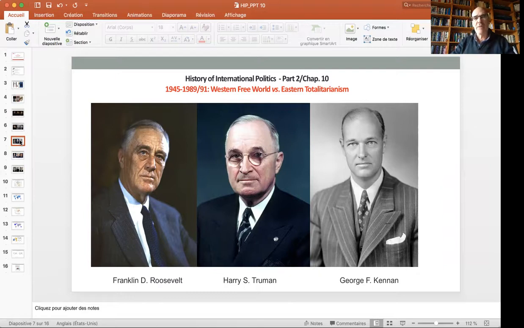This was the aim of the Atlantic Charter in 1942, but in 1945, the US was not the only winner of World War II. The Soviets also belonged to the victorious powers, and the USSR had its own communist vision of what the post-45 order should consist of.